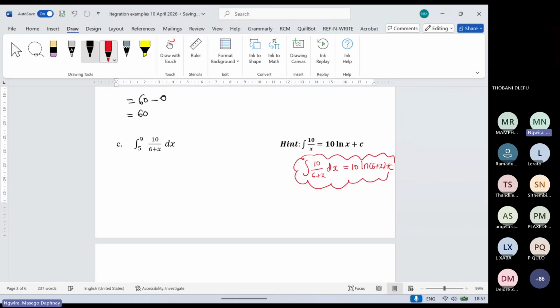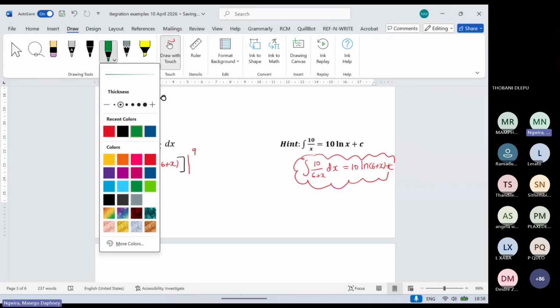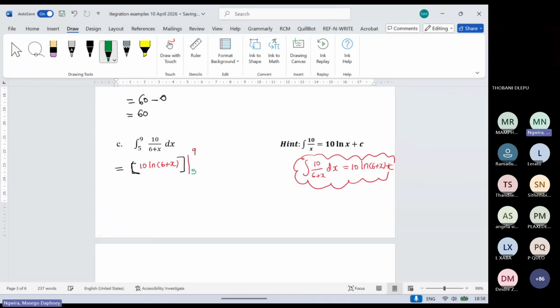So my answer is 10 ln bracket 6 plus x. Let me just use square brackets because I have a smaller bracket. And then with the limit of 9 and 5, so it's from 5 to 9.